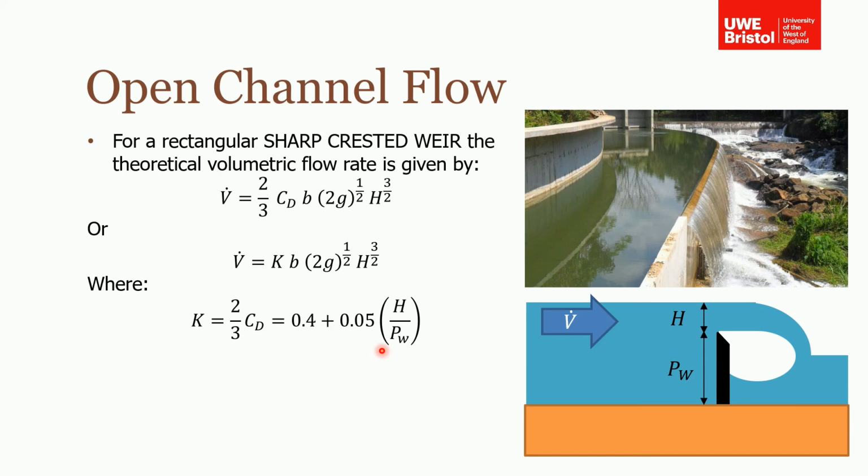What that means is that previous researchers have done lots and lots of experiments at different flow rates with different heights and measured the height of the water above the weir, and found that this is a good fit, that for this type of weir, this correlation gives you the correct discharge coefficient to find the volumetric flow rate.